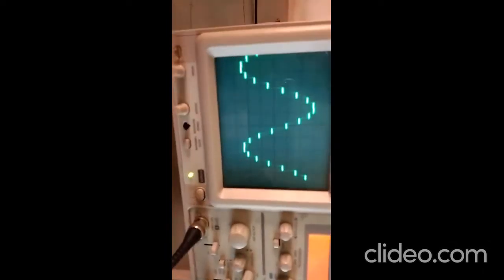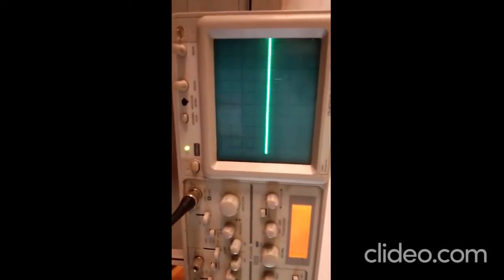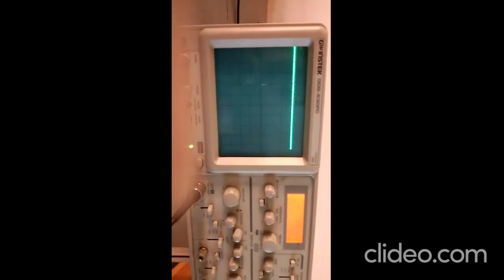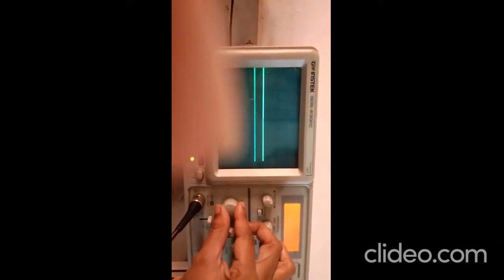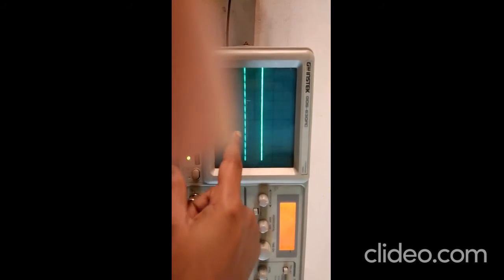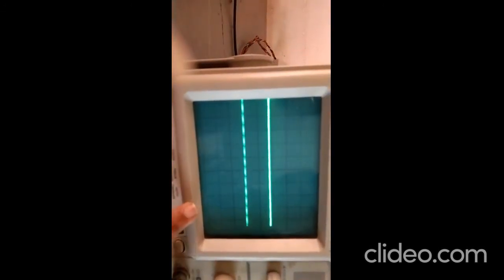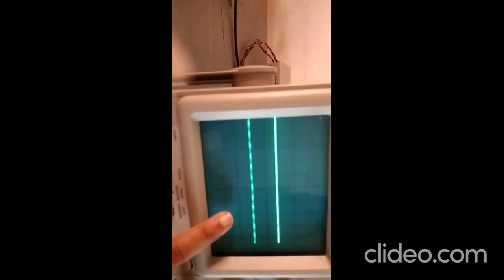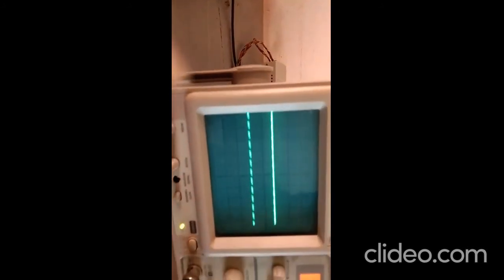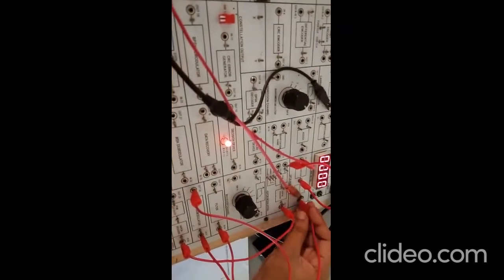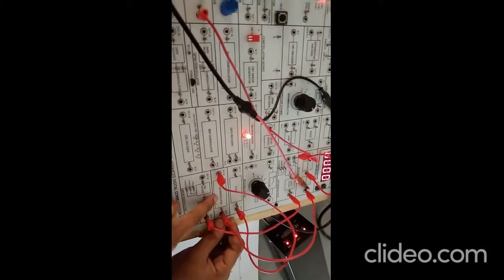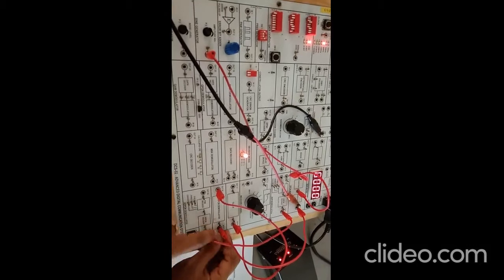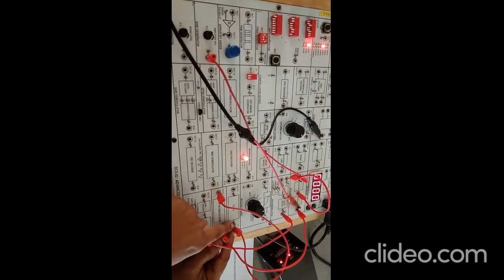So this will be given to the modulator. At the output of the modulator, we will get the modulated output, that is our digital signal. So here it is converted from analog to digital signal. This is about the modulation part. Next, we have to demodulate it. So we'll connect the output of the modulator to the demodulator part, and this will be given to the filter.